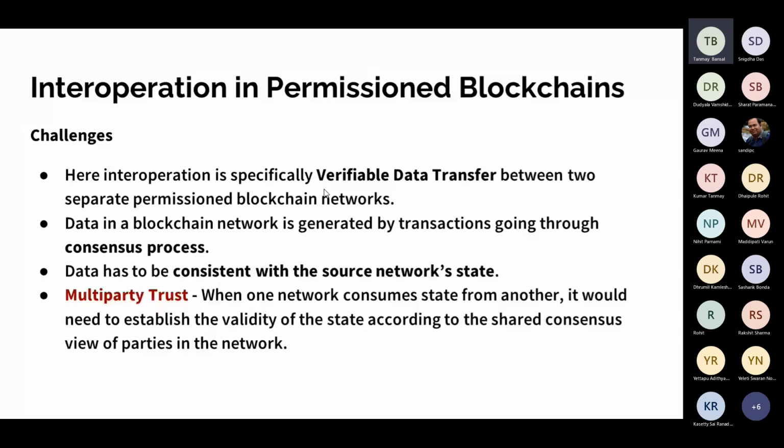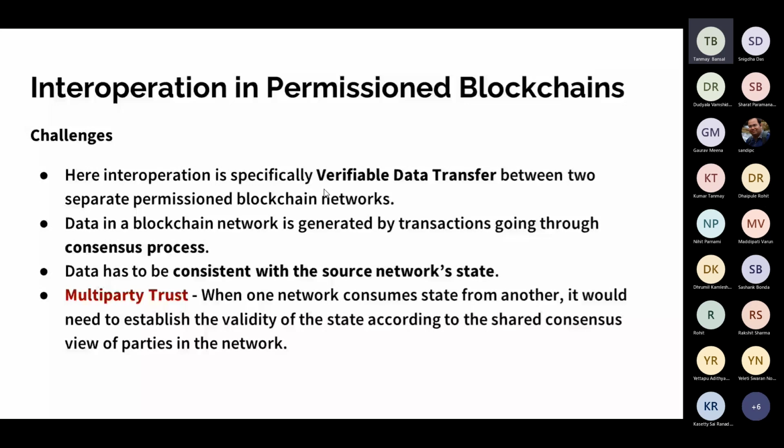So that is important. As I had mentioned briefly in our last lecture, the data transfer made from one network to another should be verifiable, and they are otherwise separate permissioned blockchain networks. We also have to remember that in these permissioned blockchains we have user management, in the sense that authenticated users can do certain things and not everybody can do everything.